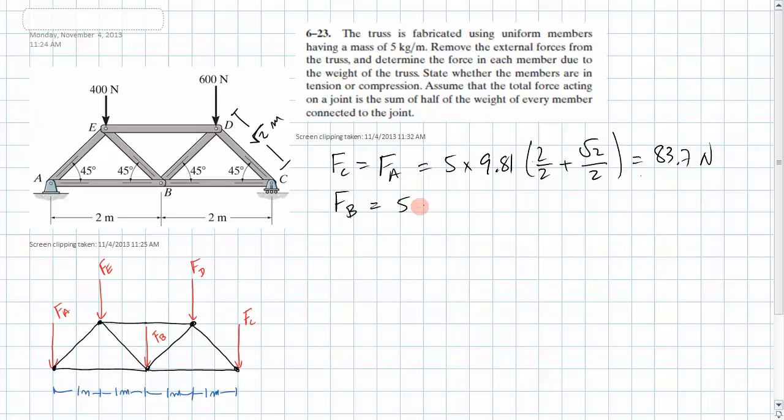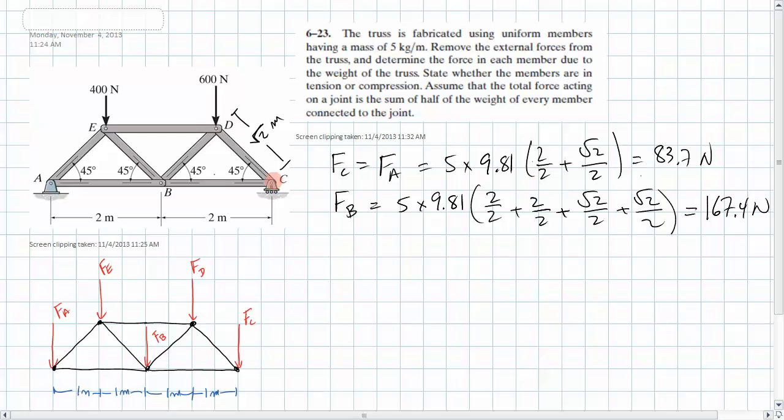So this is equal to 5 times 9.81 times (2 over 2 coming from here plus 2 over 2 coming from this one, plus square root of 2 over 2 plus square root of 2 over 2 coming from these two members). And that gave me 167.4 newtons.